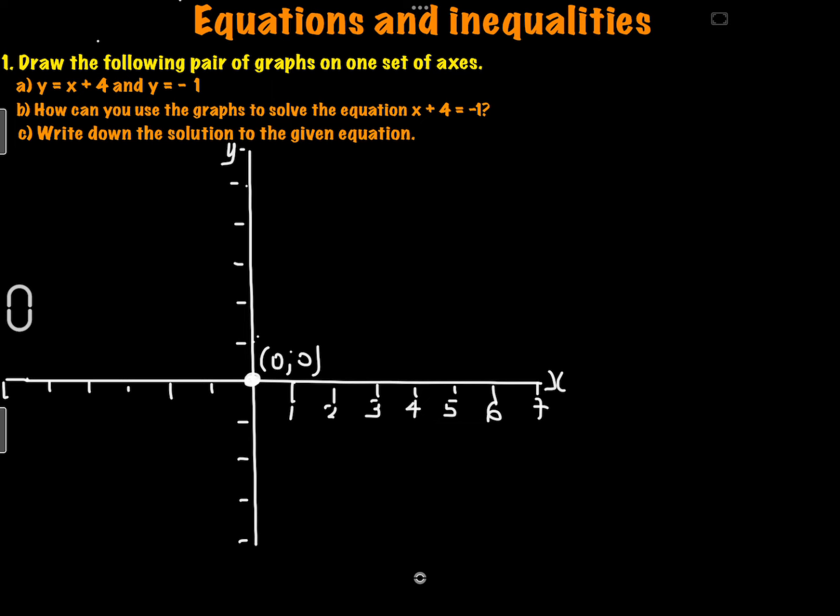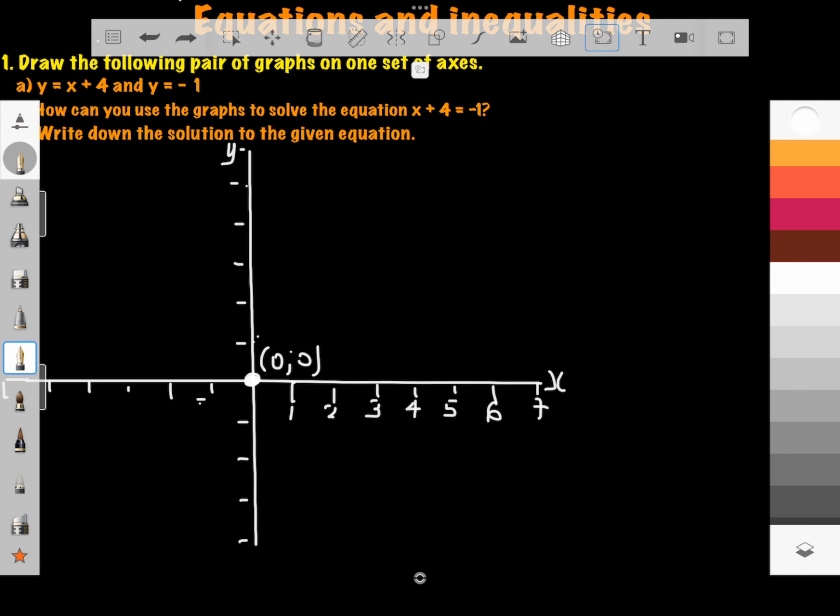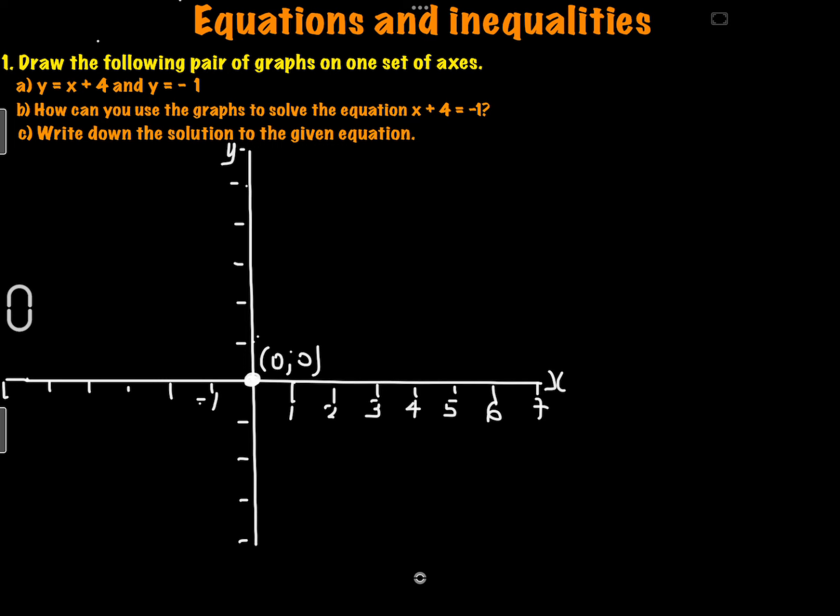And then from the origin to the left along our x-axis, we have negative values: negative 1, negative 2, negative 3, negative 4, negative 5, and then negative 6.